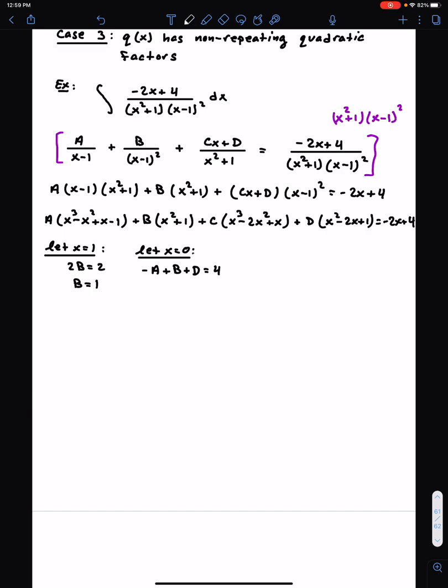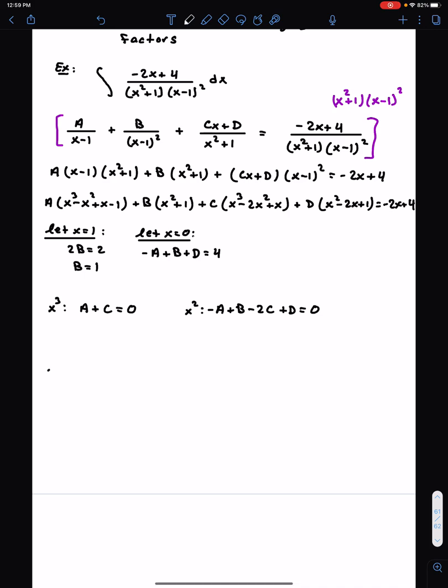In addition, I'm going to look at the coefficients of the x cubed term, which is a plus c is equal to 0. If I look at the coefficients of the x squared terms, negative a plus b minus 2c plus d, and there are no x squared terms on the right side.